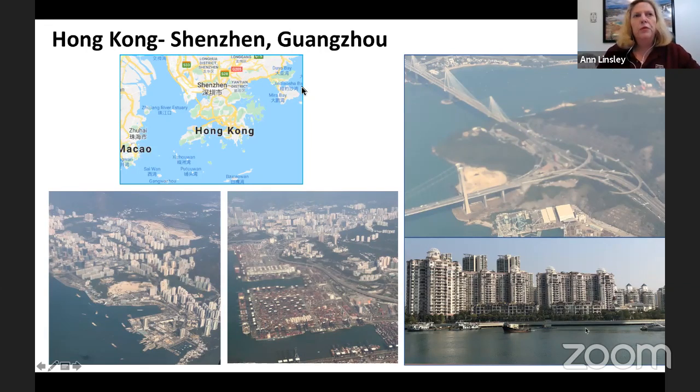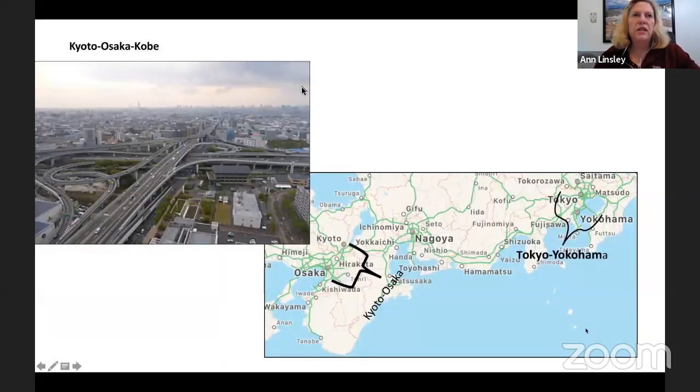Then from there, the second largest of this network is actually one that's being developed in Japan. And this is the Kyoto, Osaka, Kobe corridor, from Kyoto to Osaka. And it's rivaling Tokyo, Yokohama.